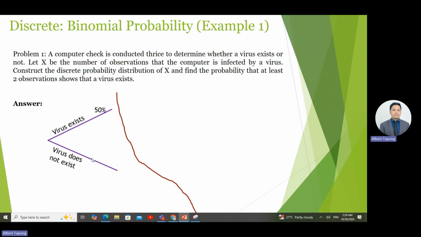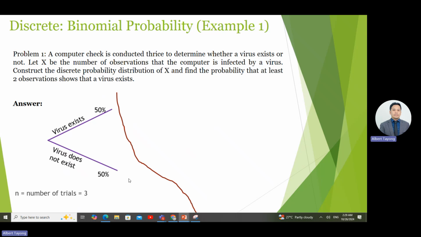And of course, we have 50% for the first outcome, and the other one is 50% because it's 1 over 2. Virus exists, 1 possible outcome divided by 2 because there are 2 possible outcomes. So that's 0.5 or 50%. There is only one possibility that the virus does not exist, so 1 over 2 is also 50%.